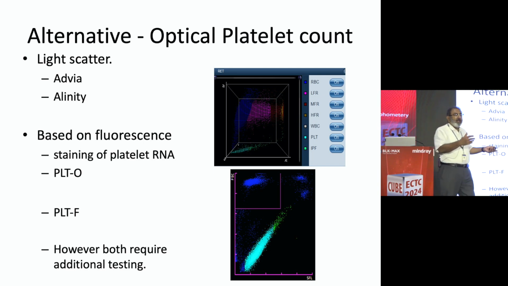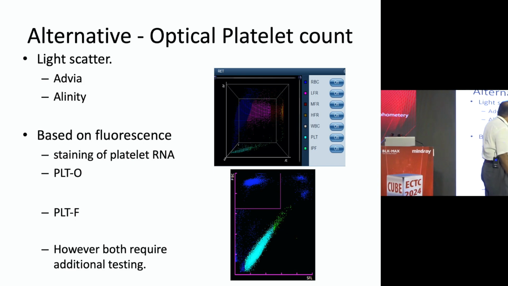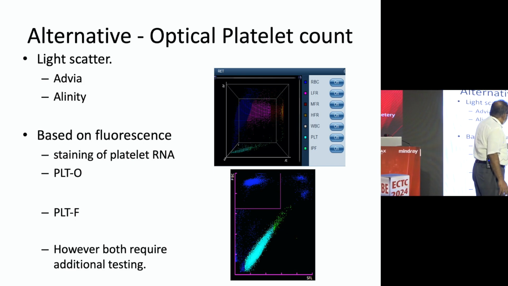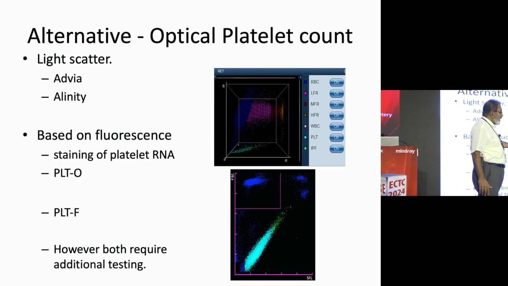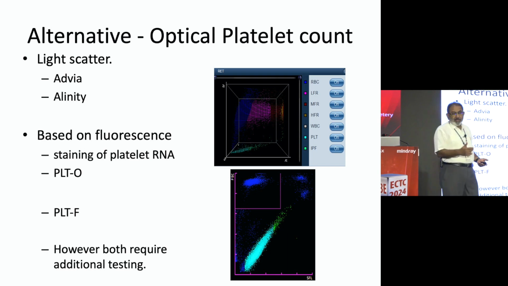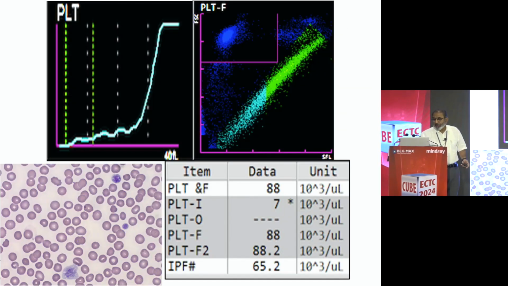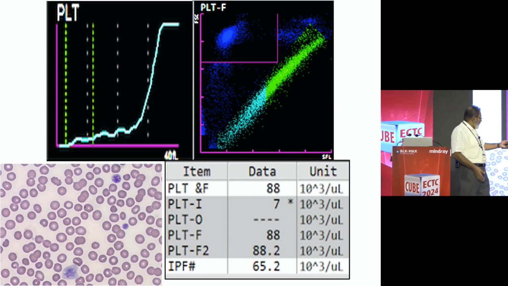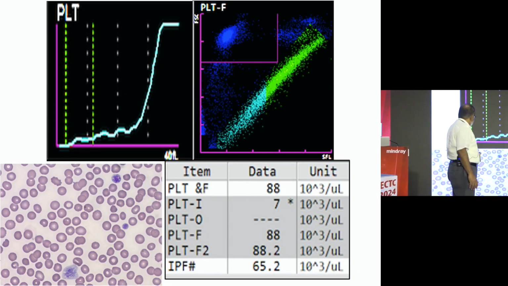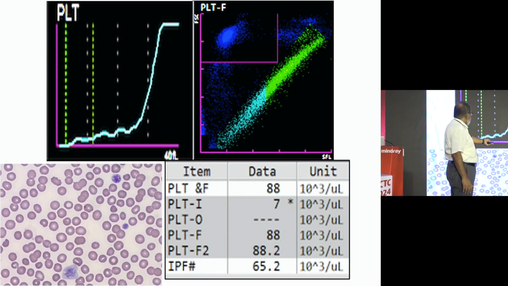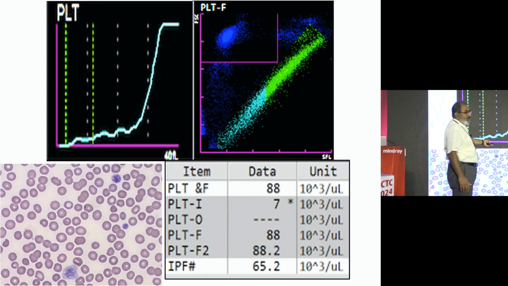Okay, let's look at optical platelet count. So now you have optical platelet count by fluorescence or by an optical method, light scatter. Light scatter is ADVIA and Alinity, and fluorescence is Mindray and Sysmex. When you have a patient with Bernard-Soulier syndrome like this, obviously the impedance platelet count is overridden by the optical platelet count.